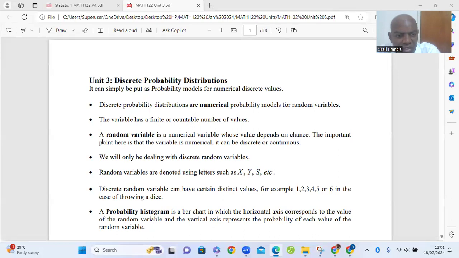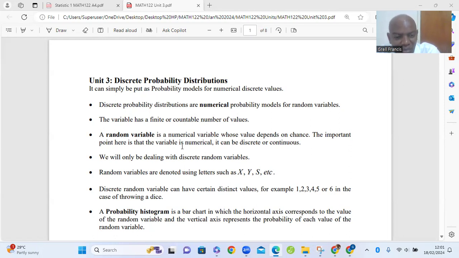It continues to say the random variable, and it highlights the term random variable because we have a new word added to variable called random, is a numerical variable whose value depends on chance. The important point here is that the variable is numerical. It can be discrete or continuous.